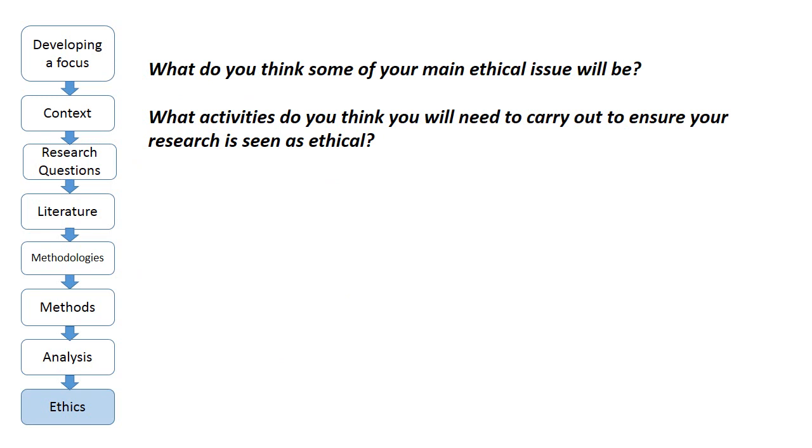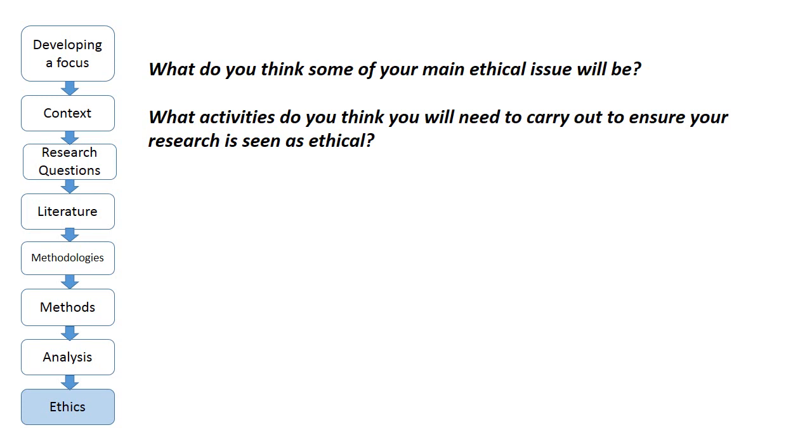Finally, you need to think about the ethics element of your work within the methodology, and therefore make sure that the ethical element of your dissertation isn't just something you see as a hurdle. It isn't just a case of, oh well, I have to get ethical approval, so once I've jumped that hurdle I don't need to worry about it anymore.